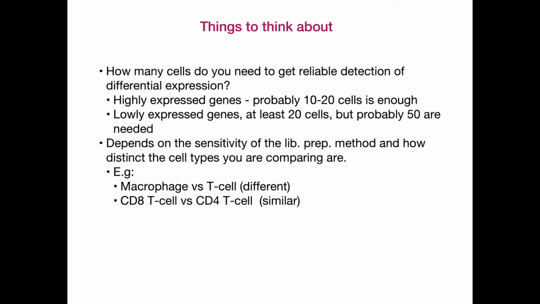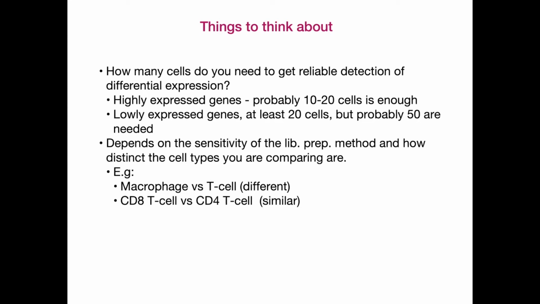There will be less of this stochastic transcription. So maybe it's enough with 20 cells in 2 clusters and comparing them to detect the difference in expression level. But when you start going down to the more lowly expressed genes, I would say probably 50 cells per cluster is required, if not more.